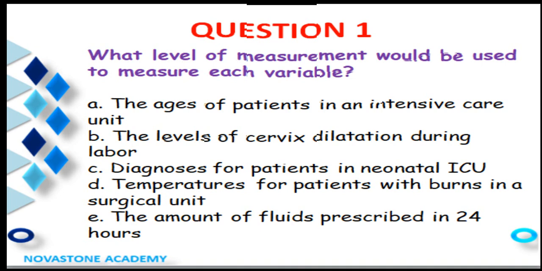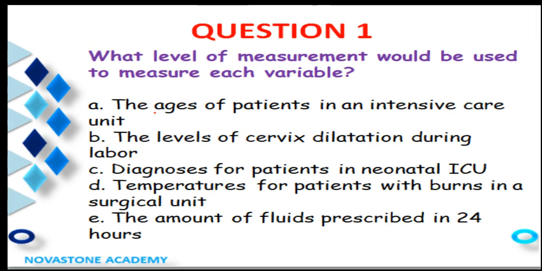The age, what measure are you going to use? The age, we said you can have an age of 0. We know that age is a numerical value, so we can have a true value of 0. So we said this is a ratio. You're going to use the ratio scale.